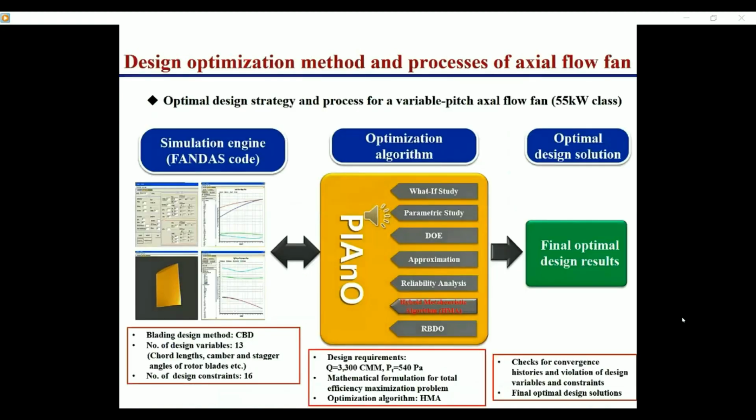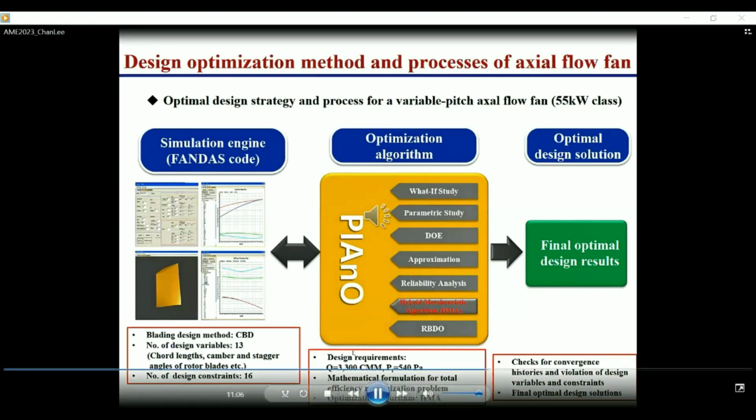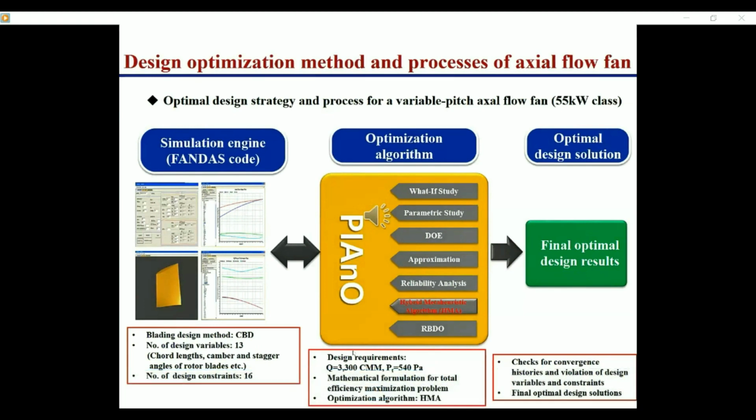This slide shows the structure and the strategy of the optimization study of the axial flow fan. The Fandas code I mentioned before is used as the simulation engine of the design optimization study. We use the CVD as a blading design method. We have a total of 13 design variables such as chord length, camber, and stagger angles, and 16 design constraints are used.